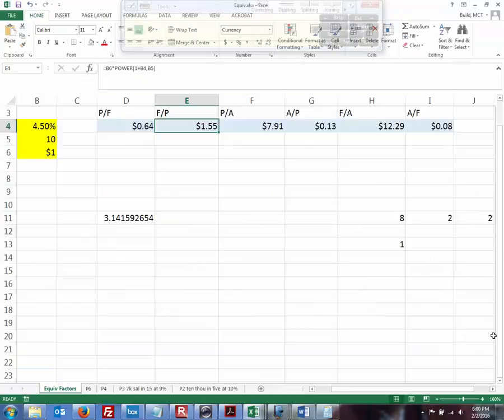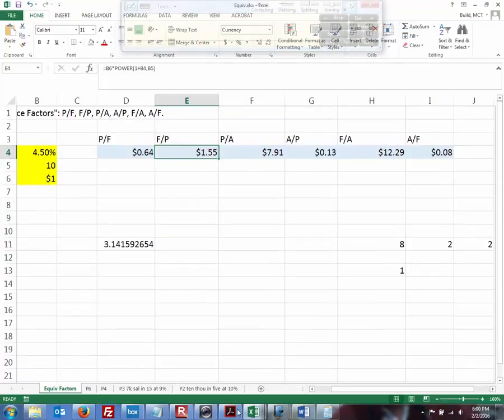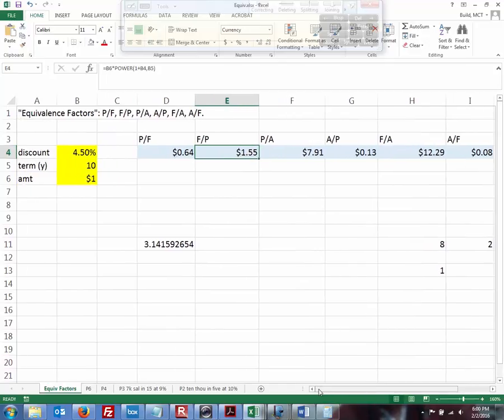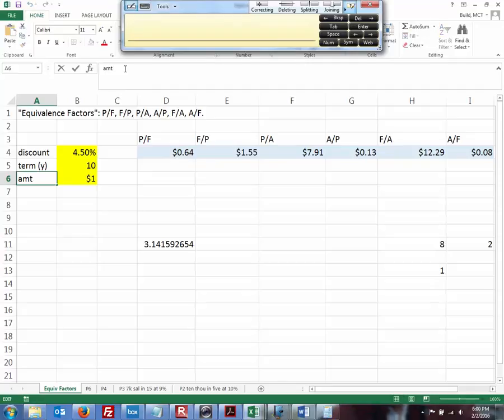What we've got here is all 6 conversions in a single little table. And what it allows us to do is put in the amount. I already told you that the amount is either going to be the present value, the future value, or the annuity.